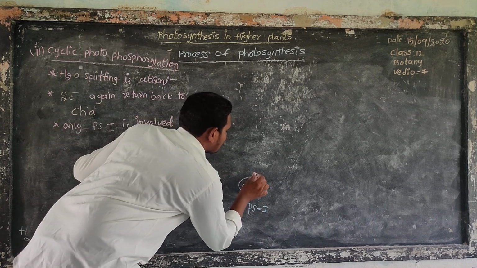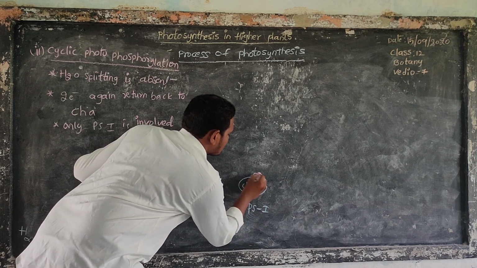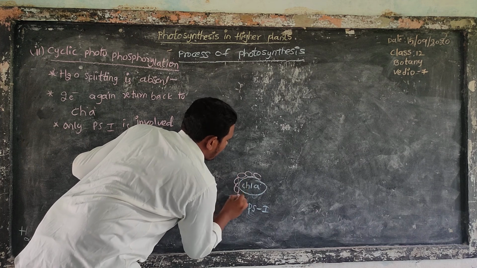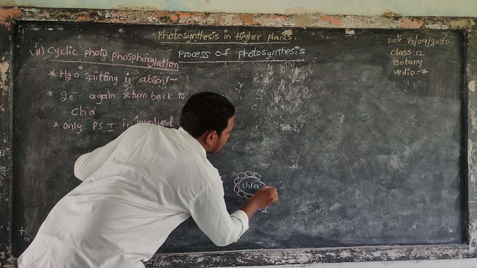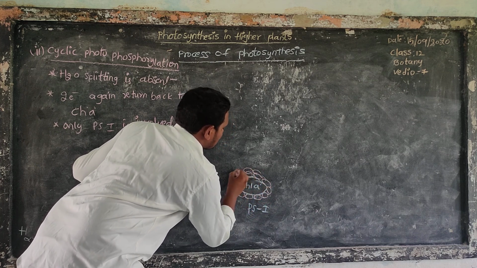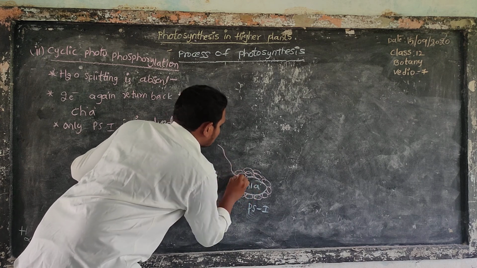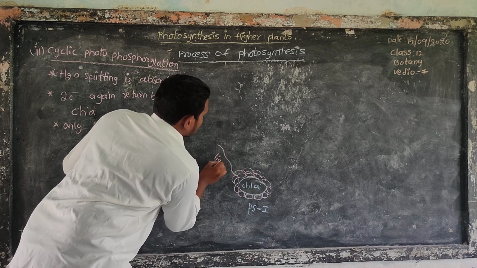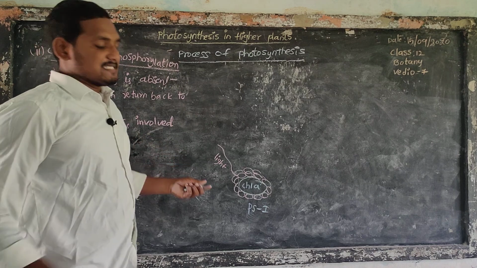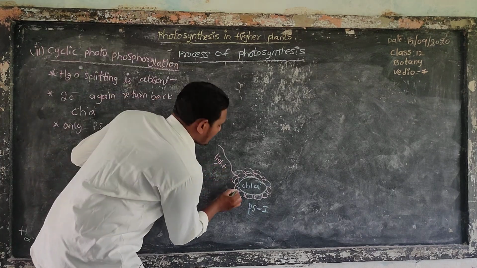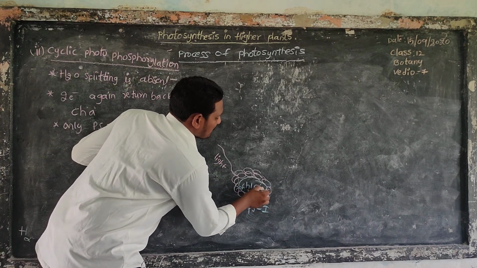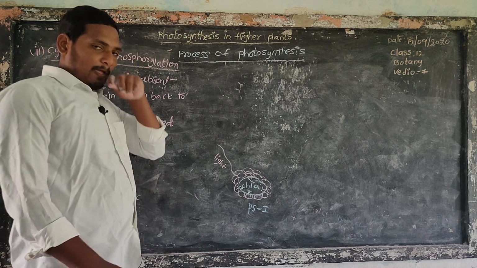These are all the remaining accessory pigments, and light travels through the accessory pigments and sends these photons to chlorophyll A.